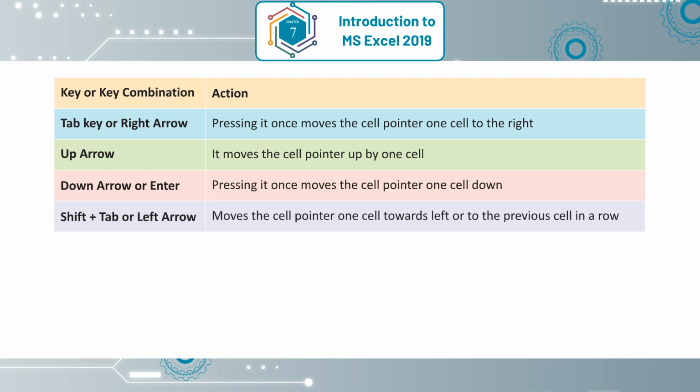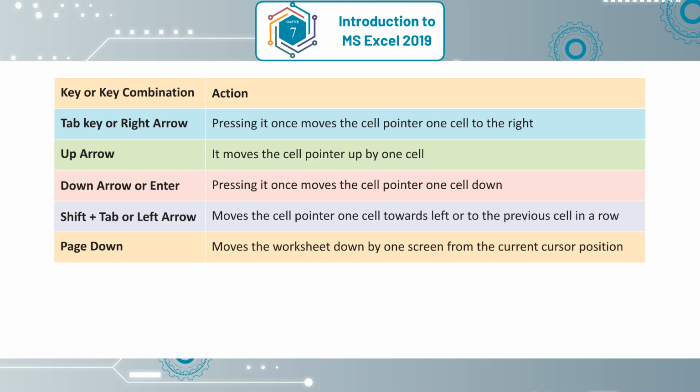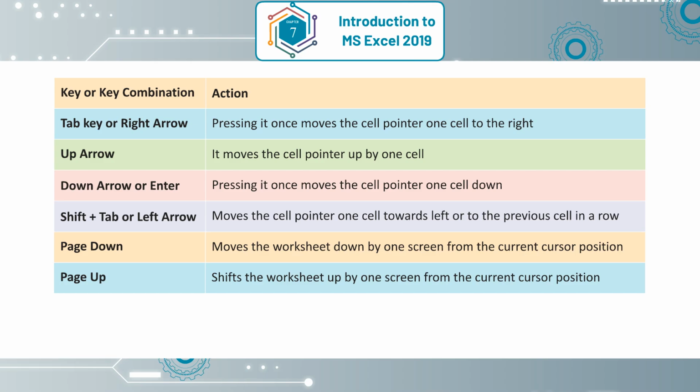Shift plus Tab or left arrow moves the cell pointer one cell towards the left, or to the previous cell in a row. Page Down moves the worksheet down by one screen from the current cursor position. Page Up shifts the worksheet up by one screen from the current cursor position.